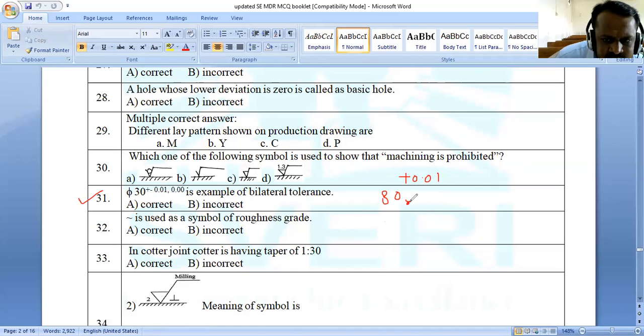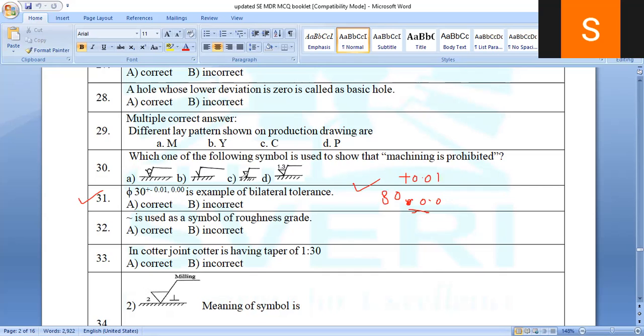No, it is 0.0. Tell me, what is this? Is it unilateral or bilateral? Unilateral. Yes, it is unilateral. I think in this way they have given, na. असं दिले ना त्यांनी. ठीक आहे.